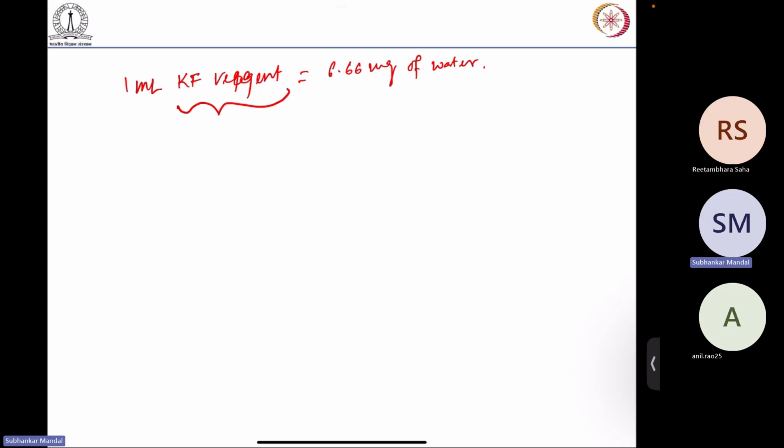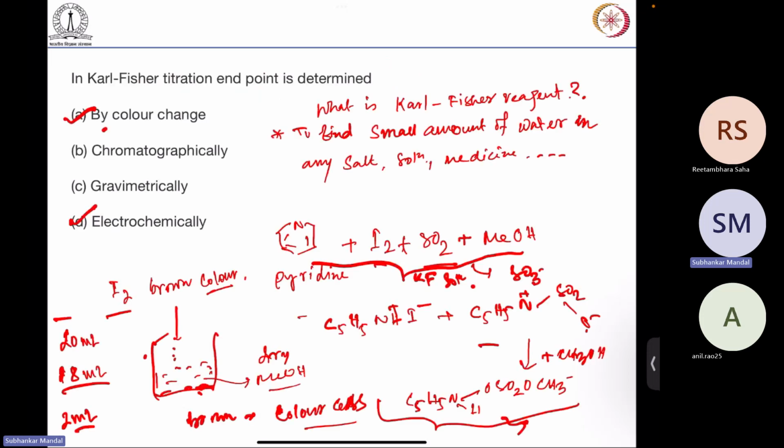Initially people used pyridine reagent, but pyridine is toxic in nature. So nowadays people use imidazole reagent instead of pyridine.